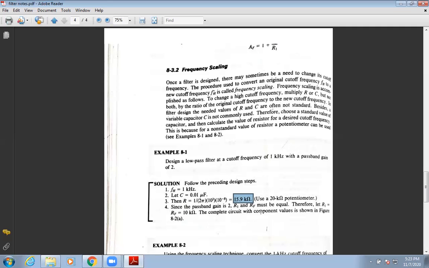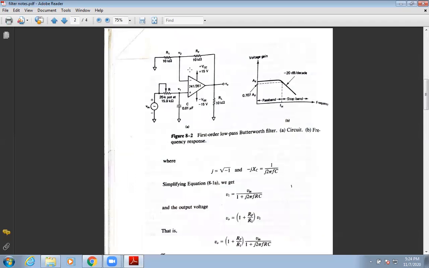So we have found the value of C, the value of R, and the values of R1 and RF. Put the values of R1, RF, C and R in this figure, and we have designed a first order low pass filter.